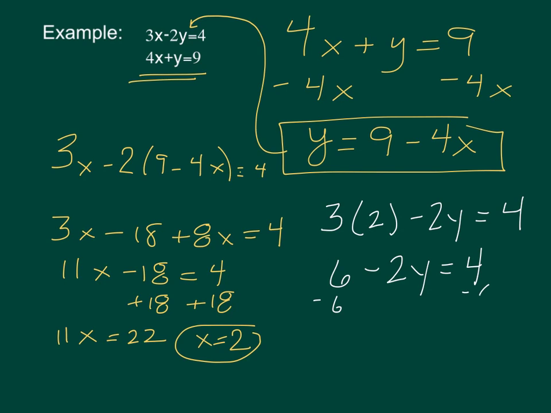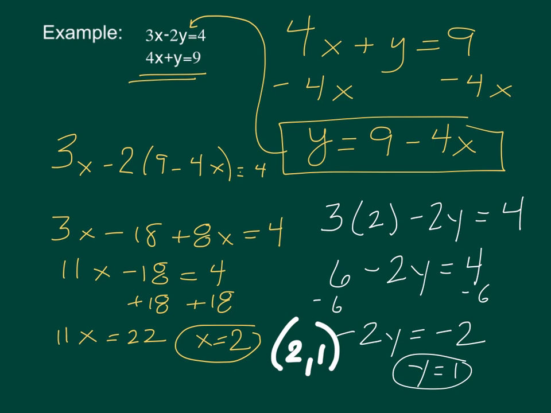If I subtract 6 from each side, I get minus 2y equals minus 2, so y is equal to 1. Our solution is an ordered pair, xy, so in this case the ordered pair is 2, 1.